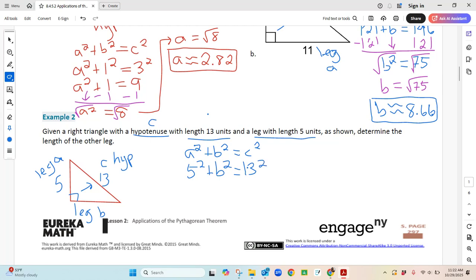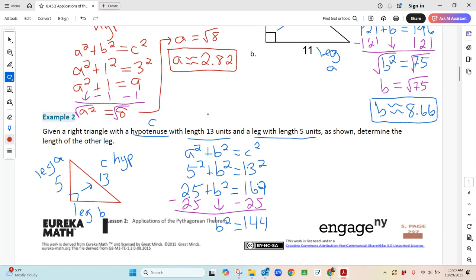Now I'm going to solve. 5 to the second power is 25. 13 to the second power is 169. I'm going to subtract 25 from both sides to get B squared by itself. B squared is 144.